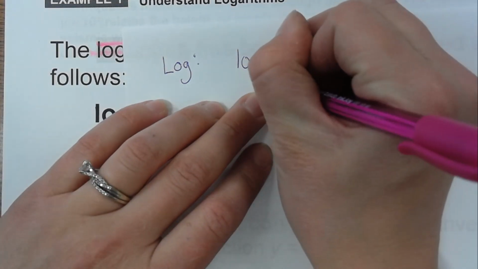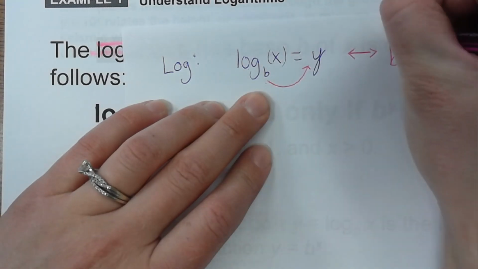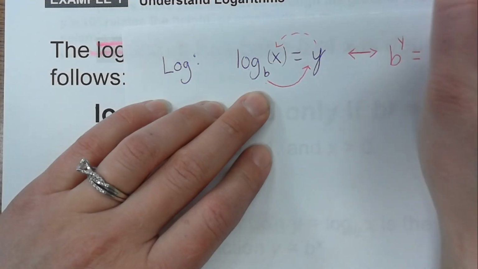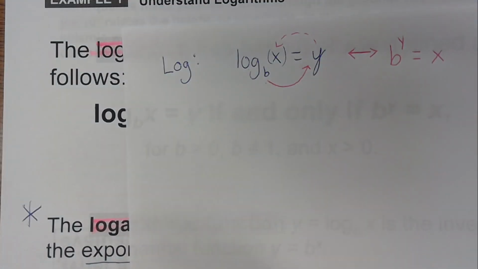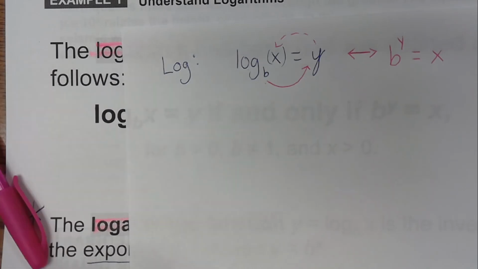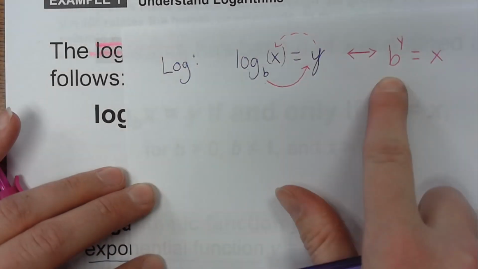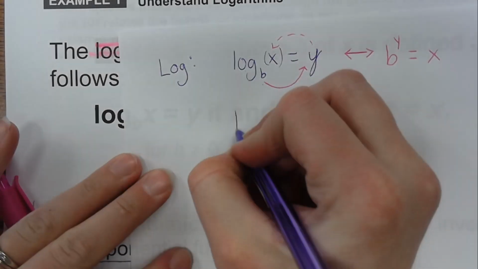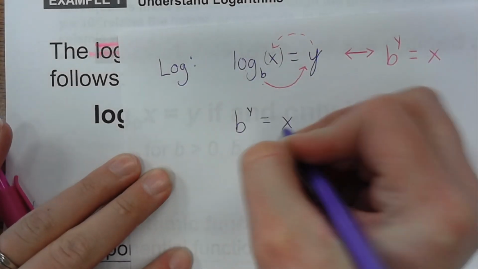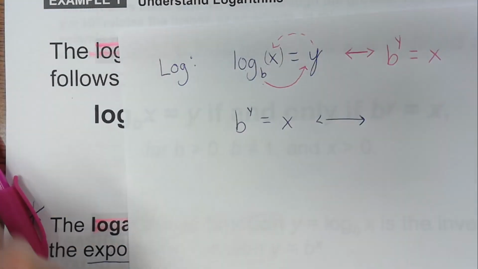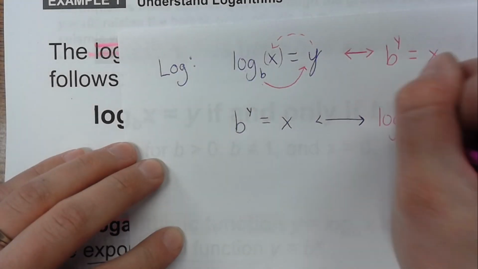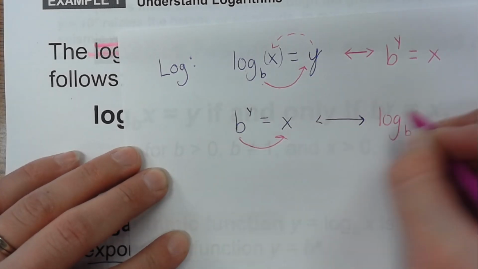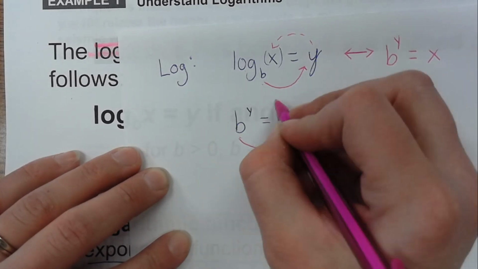I'm going to raise it to the y, and that is going to equal my x. Okay, so it's like a little cycle. If I was going backwards, I would just write log base b of x equals y. If I was given this, I would start with base b, the bottom, to the x, just in my little cycle, equals my y.